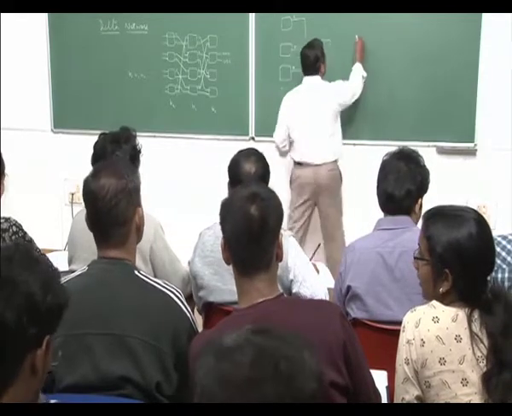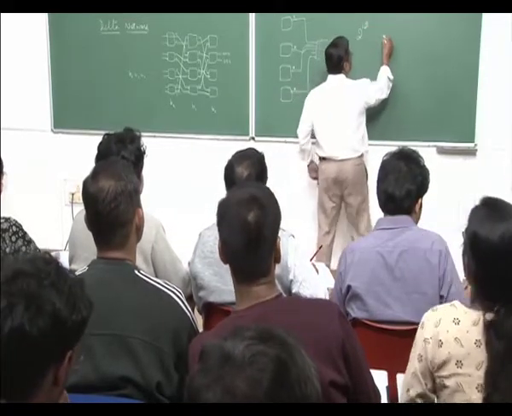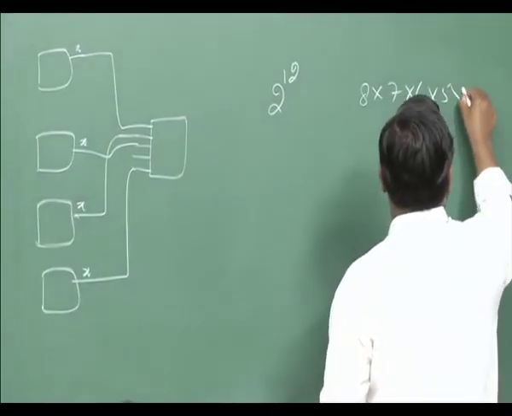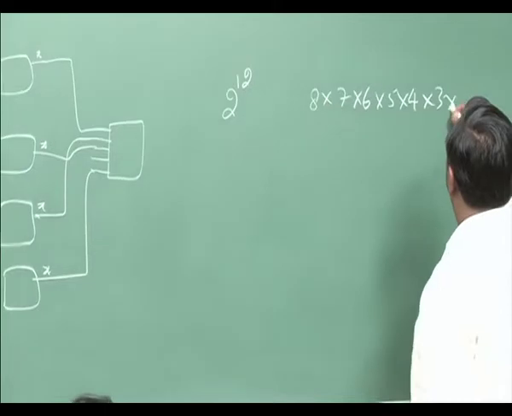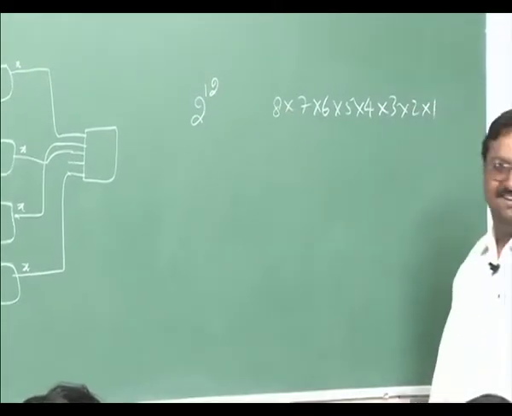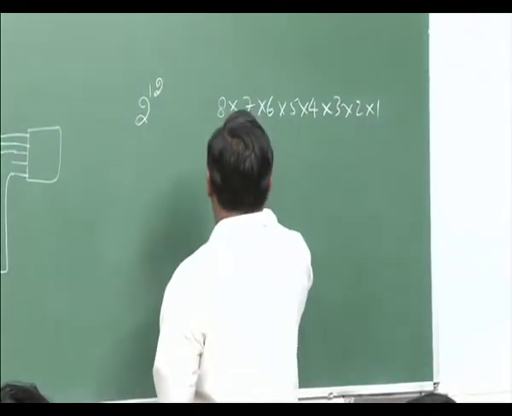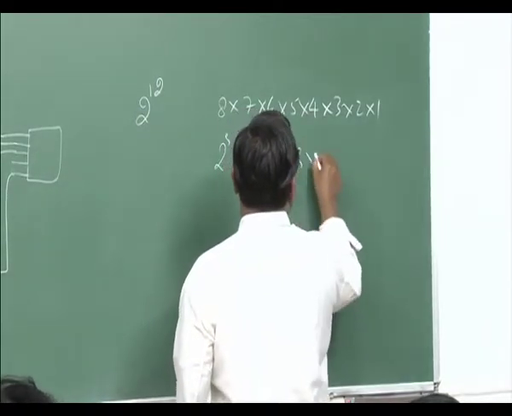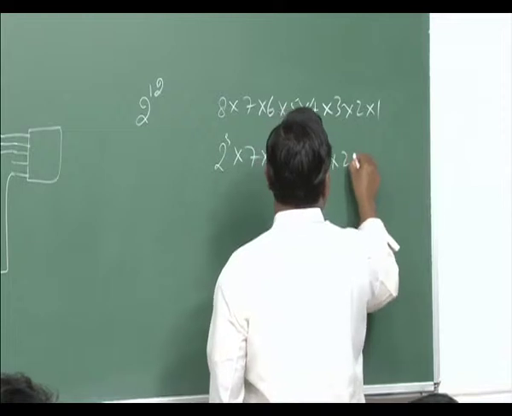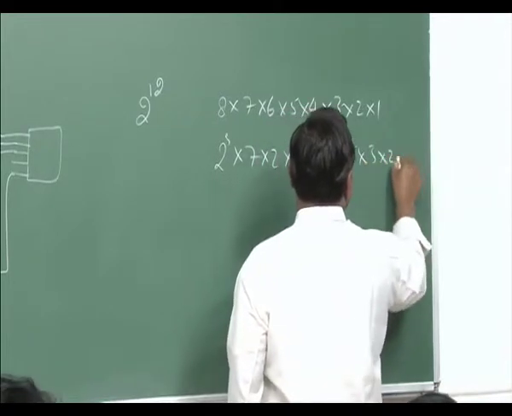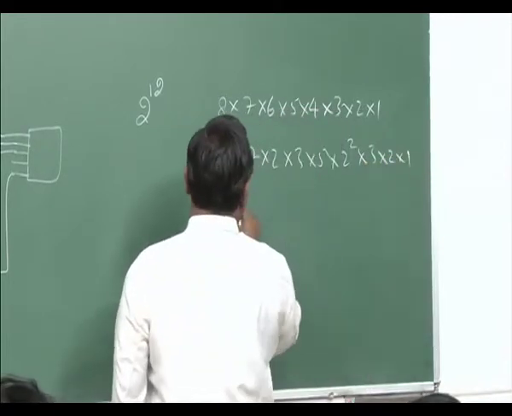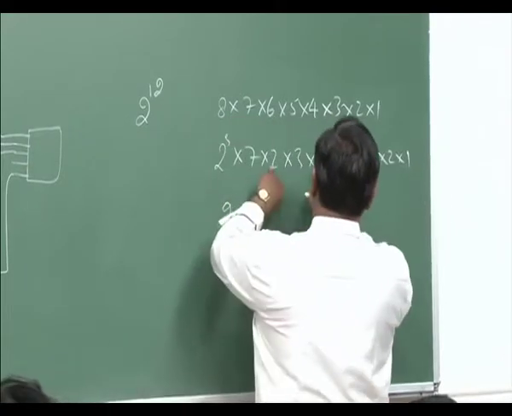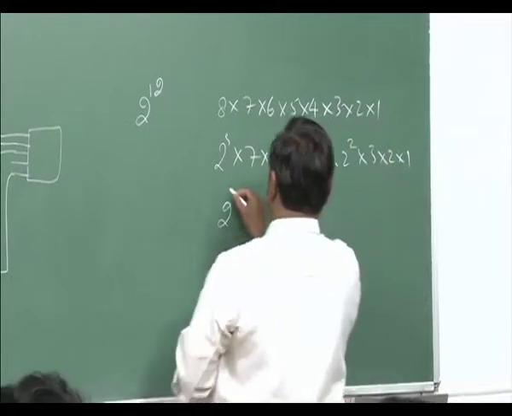I can prove that. So, this is 8 factorial, fine, 2 cube, 3, 4 2 6 1 7.